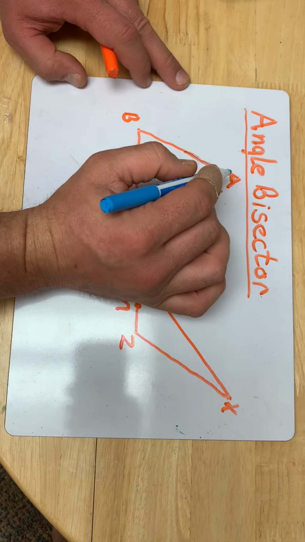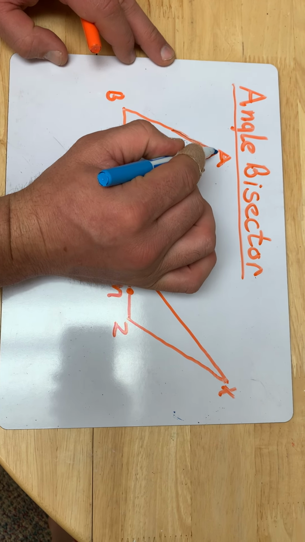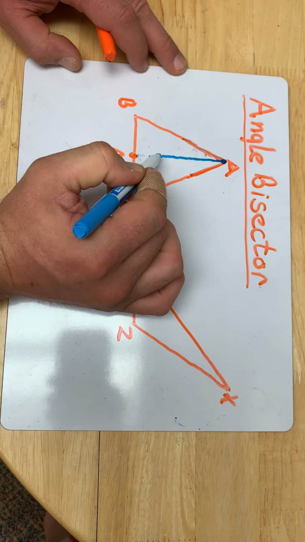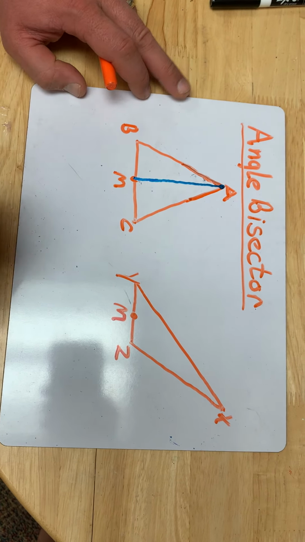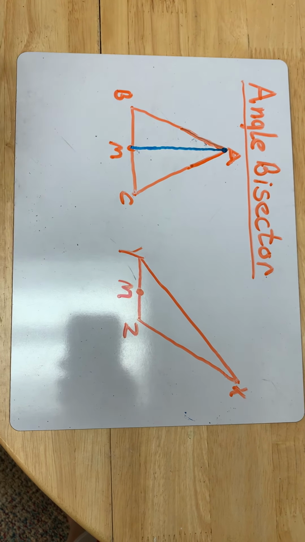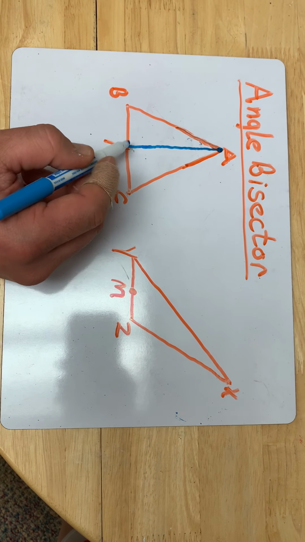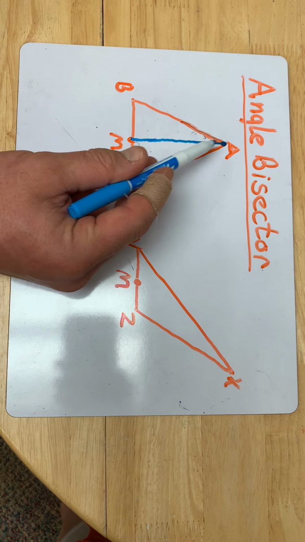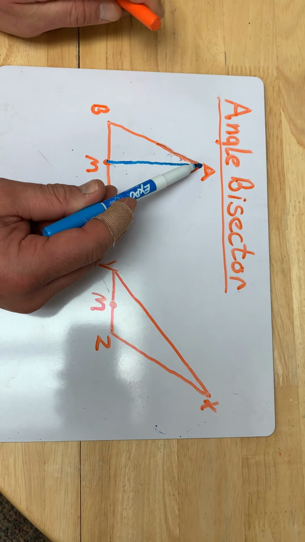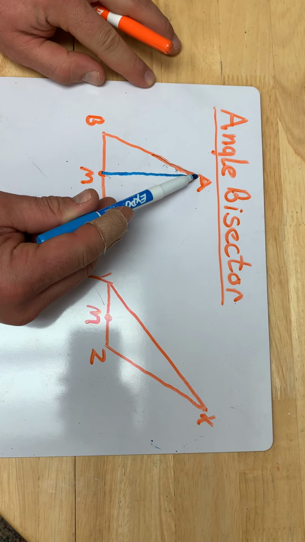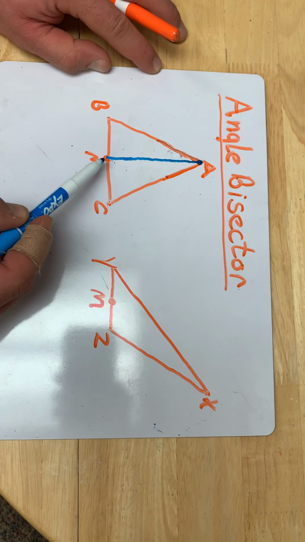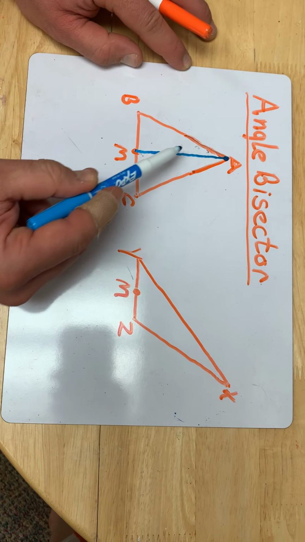An angle bisector will connect the vertex point of the angle you're working from to the midpoint of the opposite side, the side that's across from it in the triangle. So again, an angle bisector is a line segment that connects the vertex point of the angle you're bisecting to the midpoint of the side across from this angle, angle BAC.